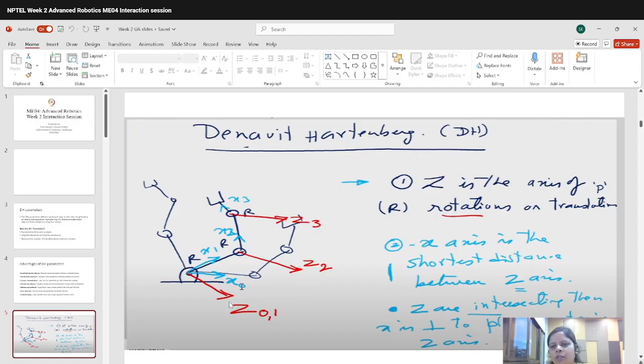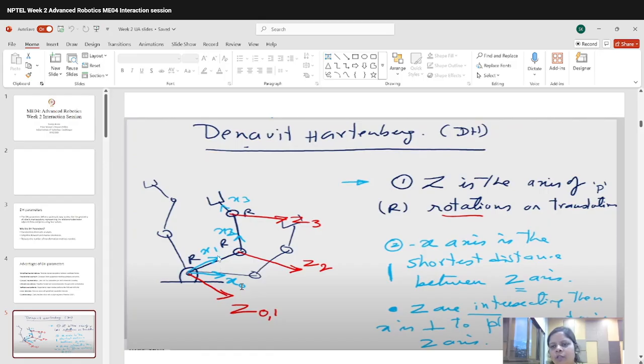What we do here, we first define everything in the world frame. Here my Z is pointing out of the plane and X is along the link. X0 can be defined arbitrarily anywhere because for the base link we do not have any link. But X1, which would start right after this, for each link what is going to happen?